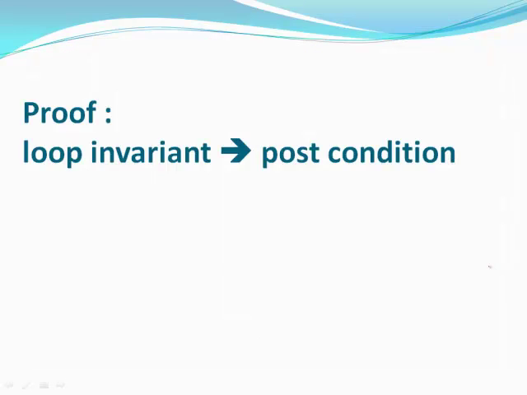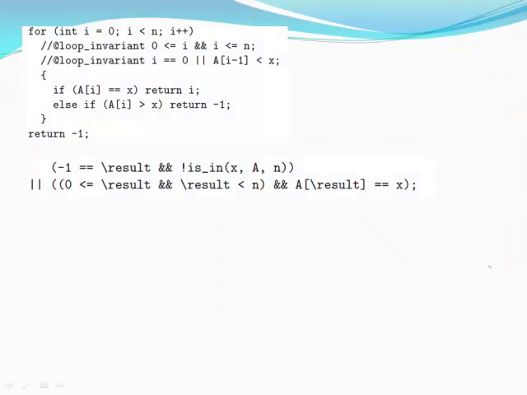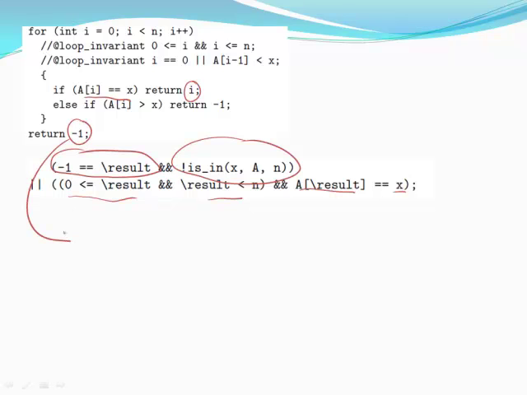Now how do we prove that the loop invariant implies the post condition? Our post condition is, if you return the result -1, then x could not be in the array. But if you return a result between 0 and n, then we would know that a[result] has to be x. So let's take the case that it returned -1 as a result of normally terminating the loop.